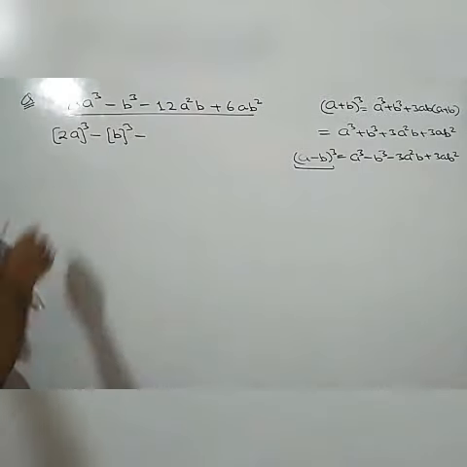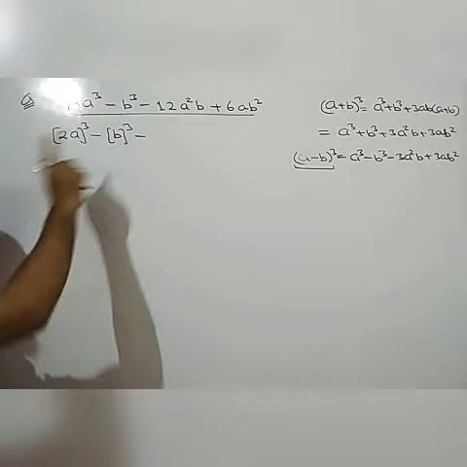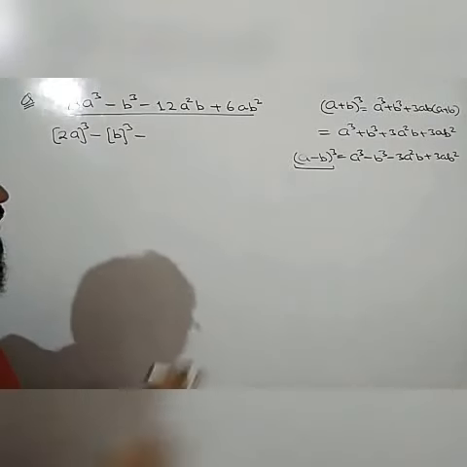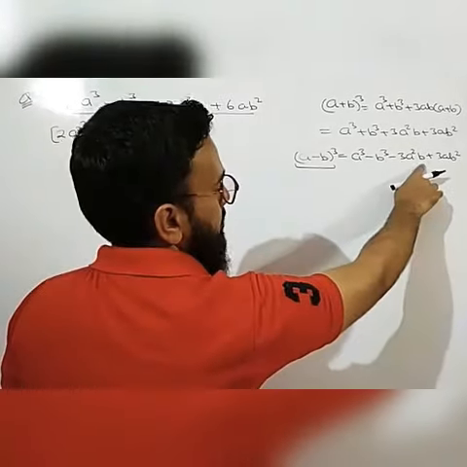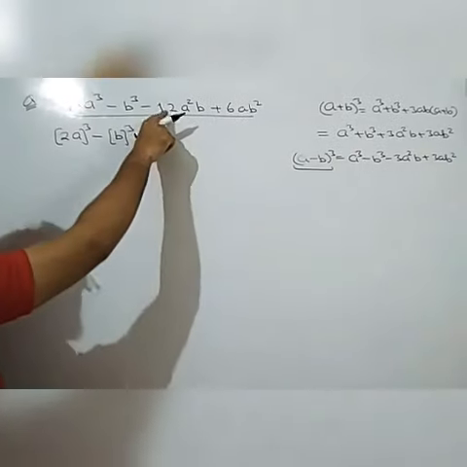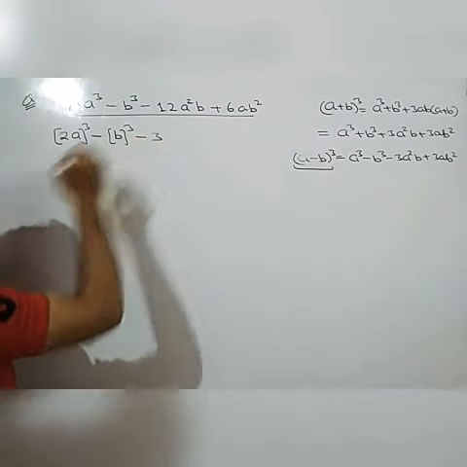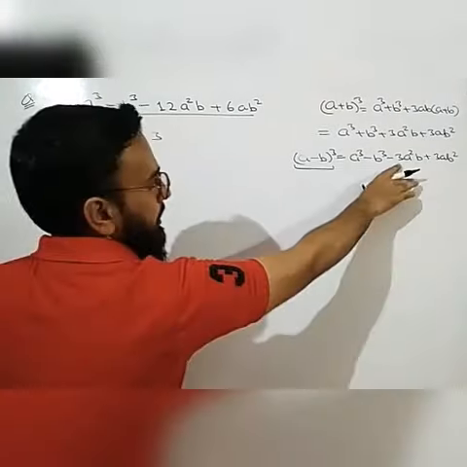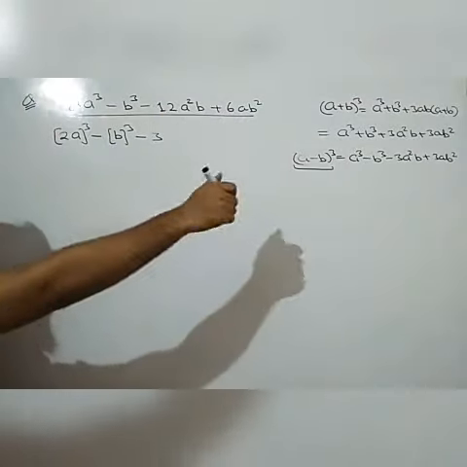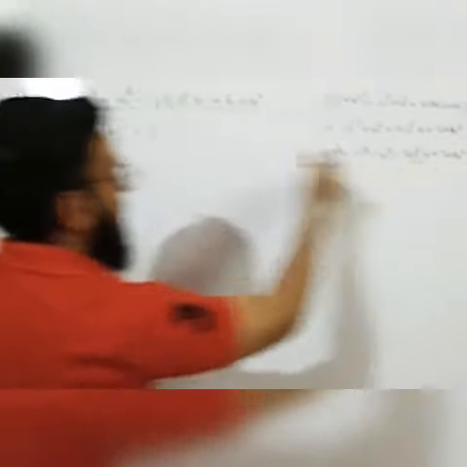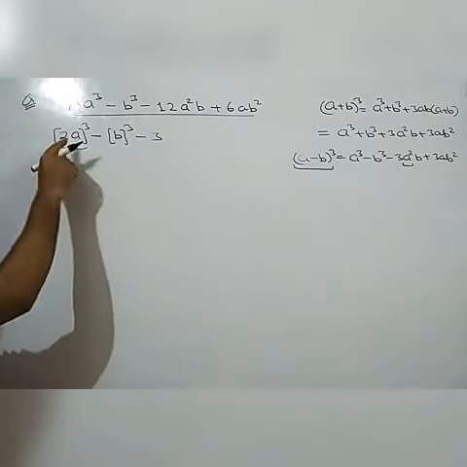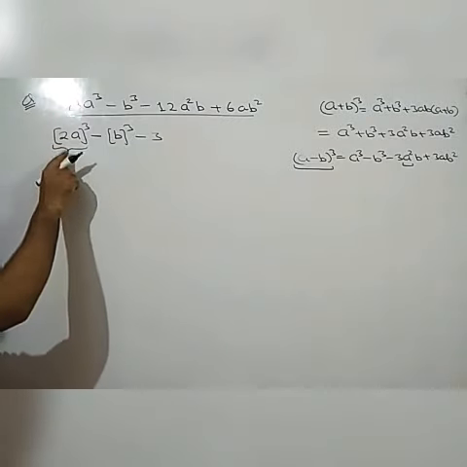So, coming to the point, the first term is 2a whole cube minus b whole cube. Now, what is the formula? It is minus 3a square into b. So, we can write this 12 as 3. First, we have to write 3. Then it is a square in the identity. But now, here in this question, at the place of a, it is 2a.